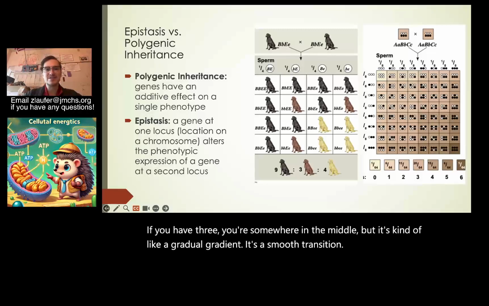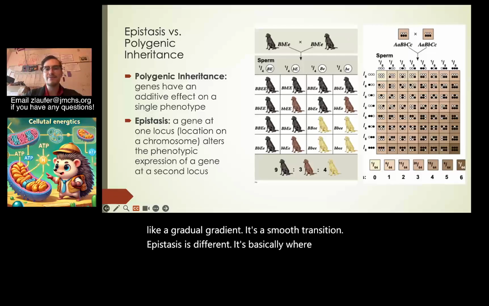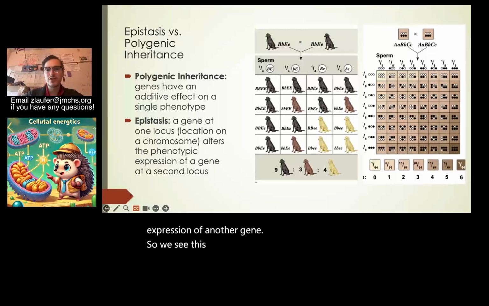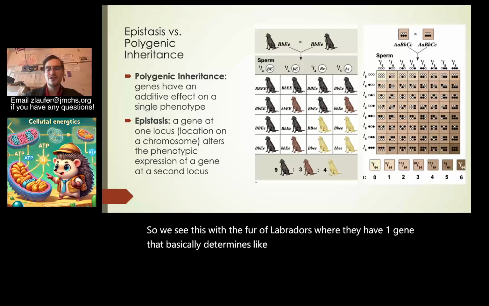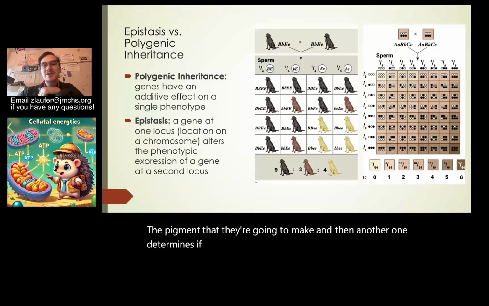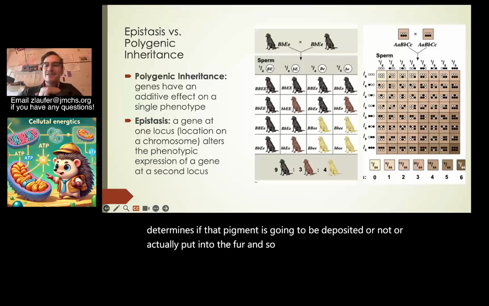Epistasis is different. It's basically where one gene can affect the expression of another gene. So we see this with the fur of Labradors, where they have one gene that basically determines the color of the pigment that they're going to make, and then another one determines if that pigment is going to be deposited or not, actually put into the fur. And the E one, I believe, is the depositing in the fur gene.